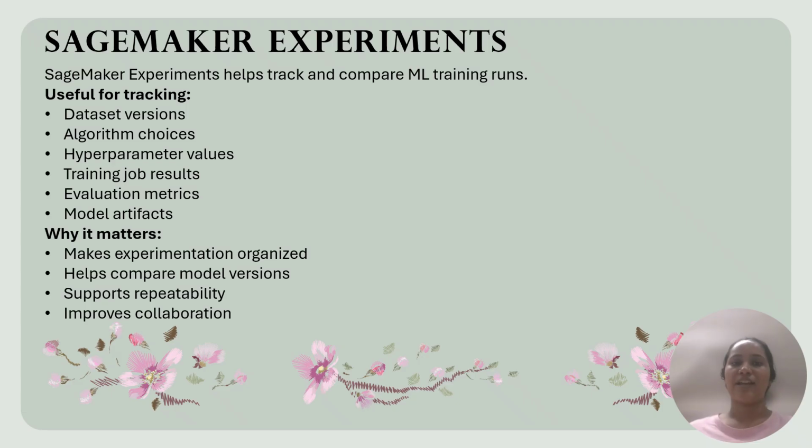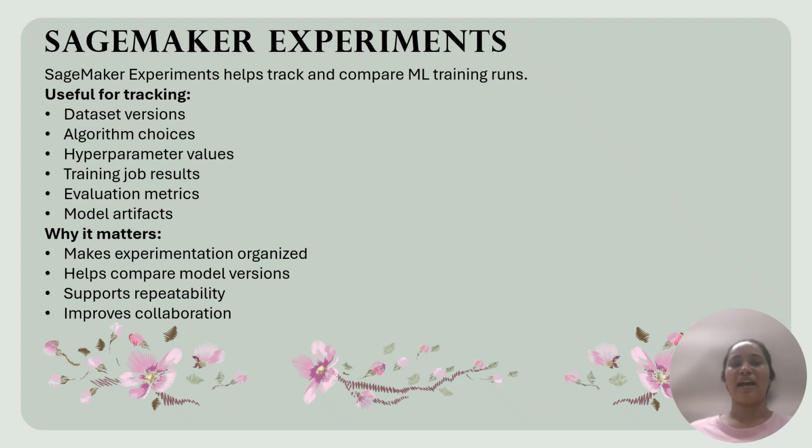Then is the SageMaker Experiments. It becomes extremely valuable, and it is a feature that helps data scientists organize, track, and compare machine learning training runs. Instead of manually recording results in spreadsheets or notes, SageMaker automatically stores important information from each experiment.